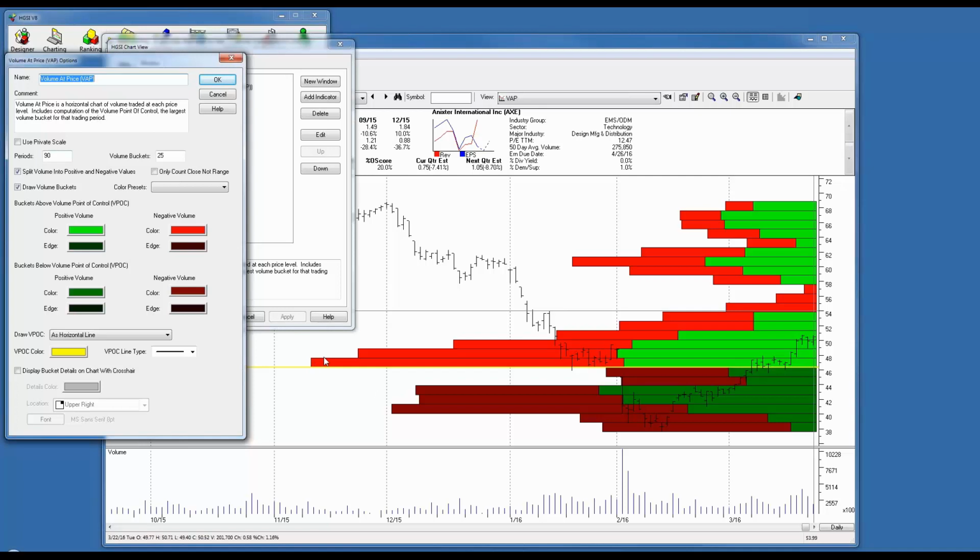And then all the rest of the bars are scaled relative to that. The volume point of control being the largest bucket of all the buckets.